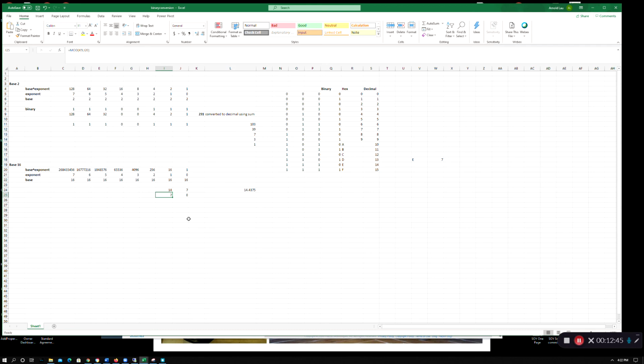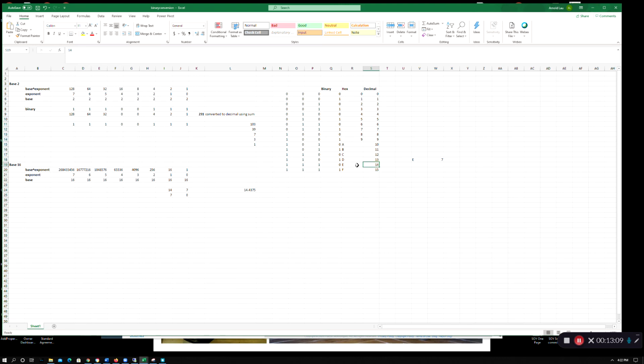Okay, so if I move over here to the right, you can see what I did is I lined up all these binary here and a hex here. So this is binary here, and then this is hex, and this is decimal. The reason I did that is you have 14 here.